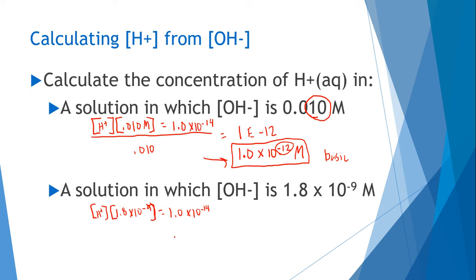So again, just like anything else, you want to get H by itself, so you want to divide by your 1.8 times 10 to the -9th. Before I give you the answer, make sure when you plug it into your calculator, you're using parentheses: 1.8 times 10 to the -9.